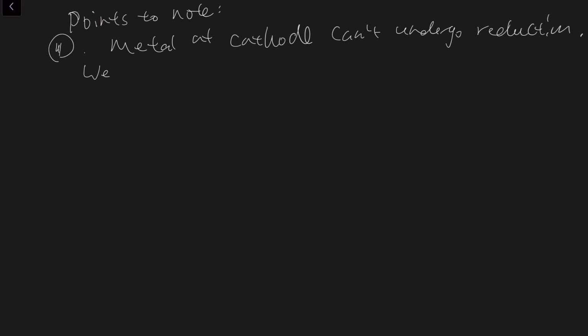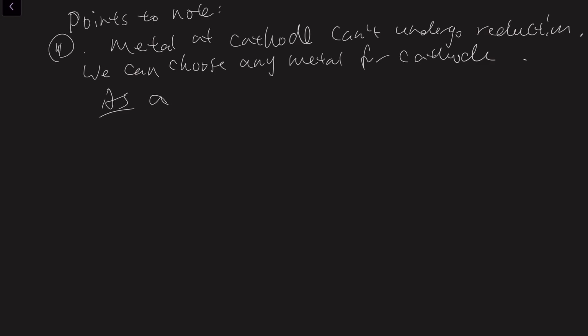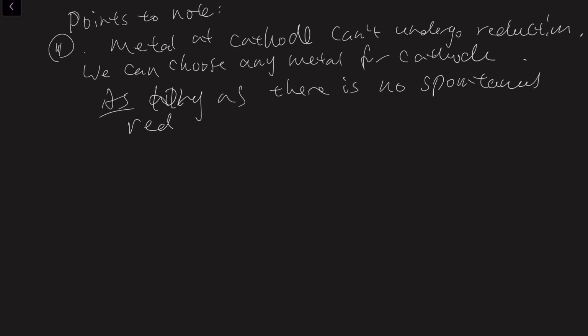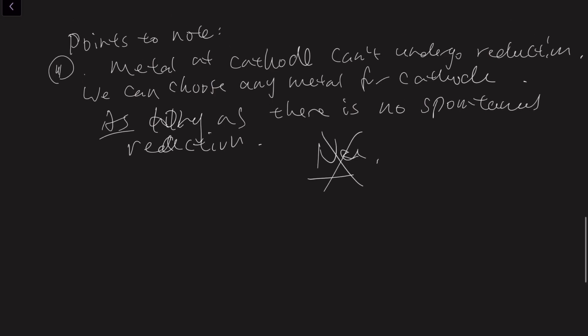So we can choose any metal for the cathode, as long as, you need to notice, there is no spontaneous reaction. So if you put sodium metal, this is not good because sodium will react with almost anything.